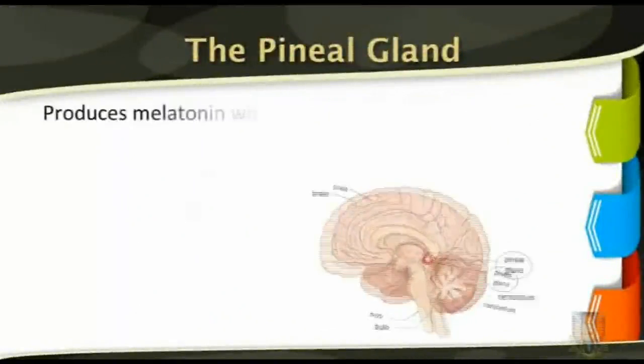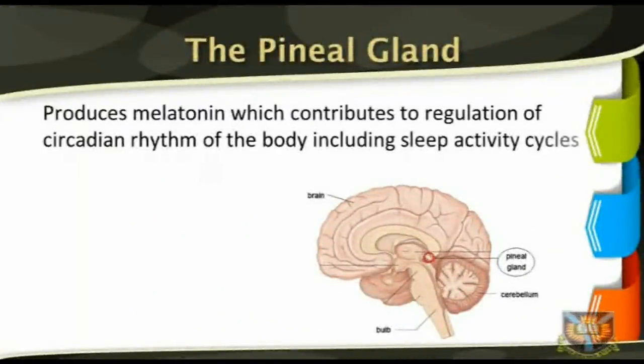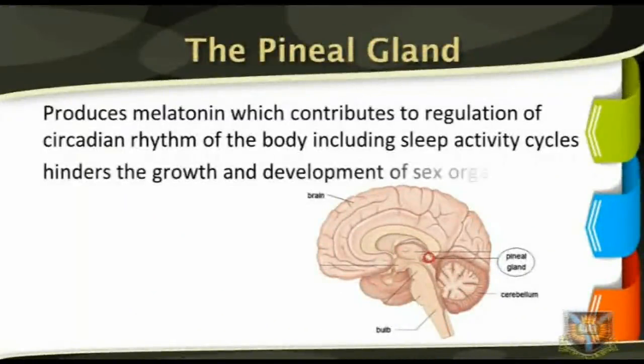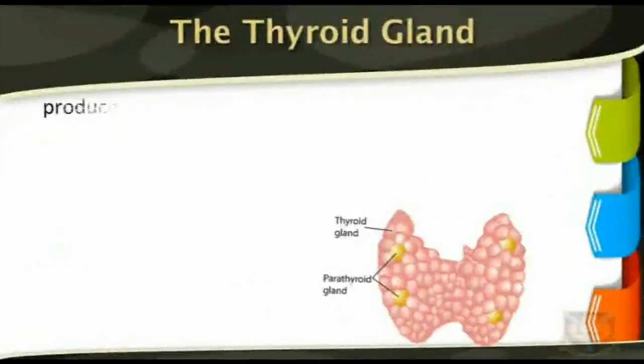The pineal gland. It produces melatonin, which contributes to regulation of circadian rhythm of the body, including sleep activity cycles. It also hinders the growth and development of sex organs before puberty. The thyroid gland.